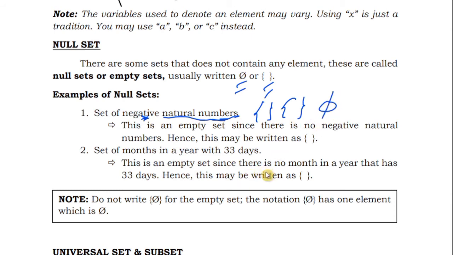Okay, that one or this one. The set of months in a year with 33 days. There is no such 33 days in any month of the calendar. So it is still the same, a null set or empty set. And take note, if you just write this one, it is empty, so there is no element here.